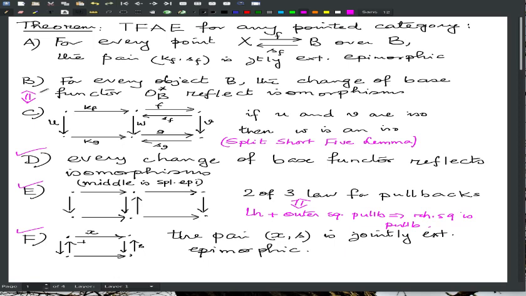Okay. So now, obviously as I have already told, this part C is the special case of F, right?